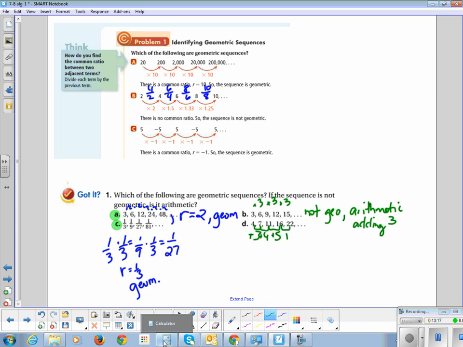What about D? We don't have the same adding each time. We can see the pattern. Just because there's a pattern doesn't mean it falls into geometric or arithmetic. This is neither, because it doesn't have the same amount each time.